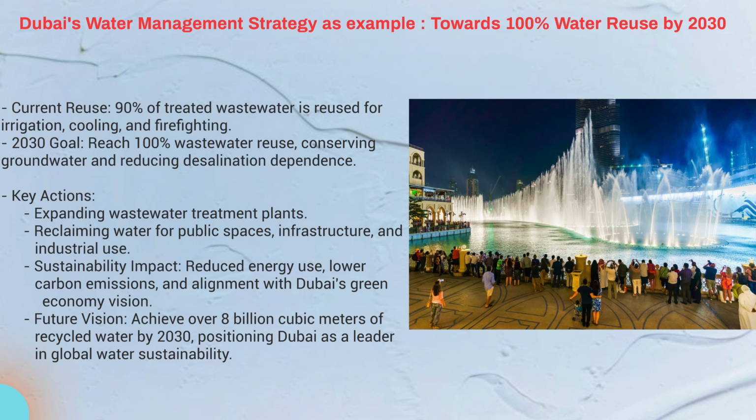This reclaimed water is used in irrigation, cooling, and firefighting, which helps conserve resources, cut energy use, and reduce carbon emissions. This strategy supports Dubai's net zero carbon emission strategy for 2050 and positions the city as a model for sustainable urban water management.